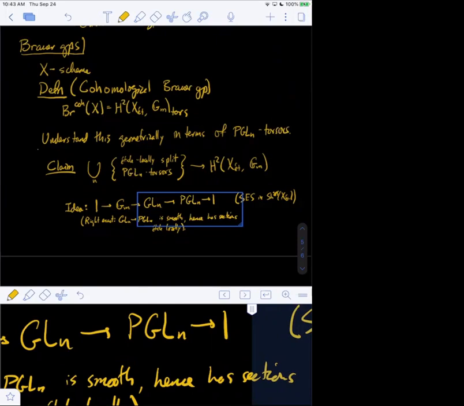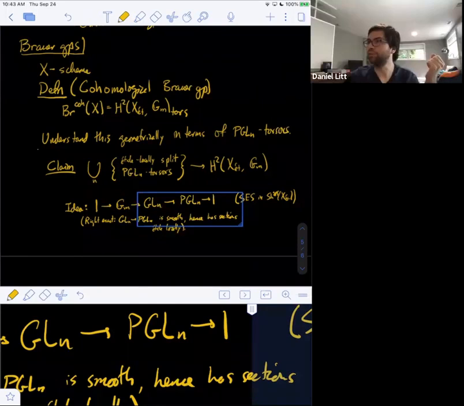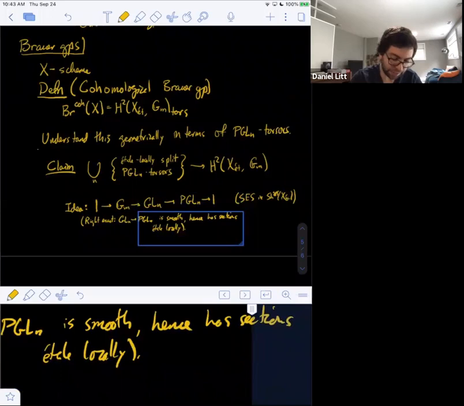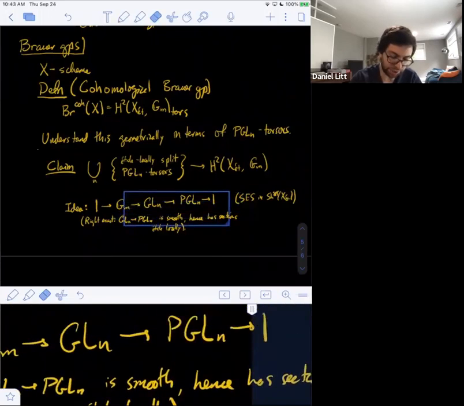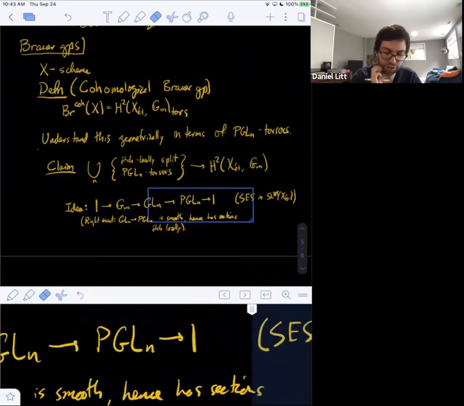Yeah, exactly. So that's not quite right, actually. Locally, that's what it is. But if you think about it, it won't be a sheaf. So what it is is the sheafification of that. That's why it's not totally obvious. But in fact, here we can make a much softer argument. This map GLN to PGLN is actually a GM torsor, right?